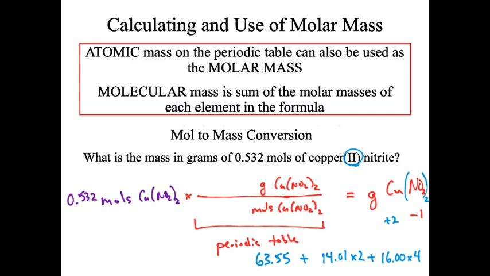We add all of those numbers up and we get the magic number of 155.7, you said? 155.57. What are the units? Grams per mole. Where does the 155.57 go? Does not go in the numerator. It goes next to the grams.